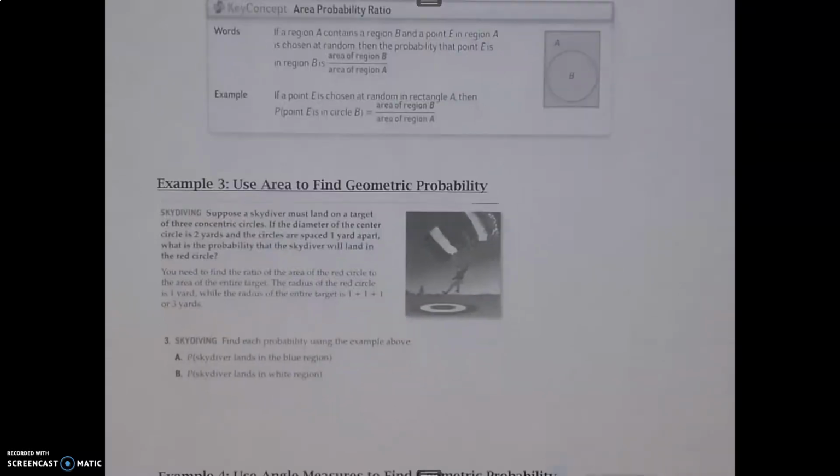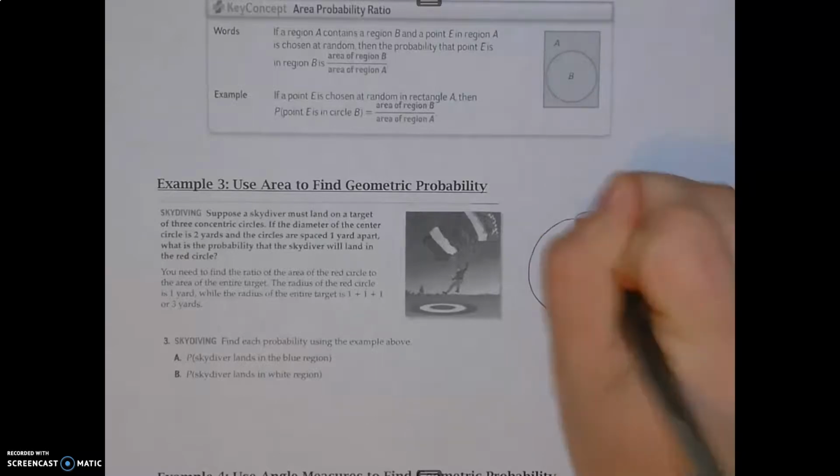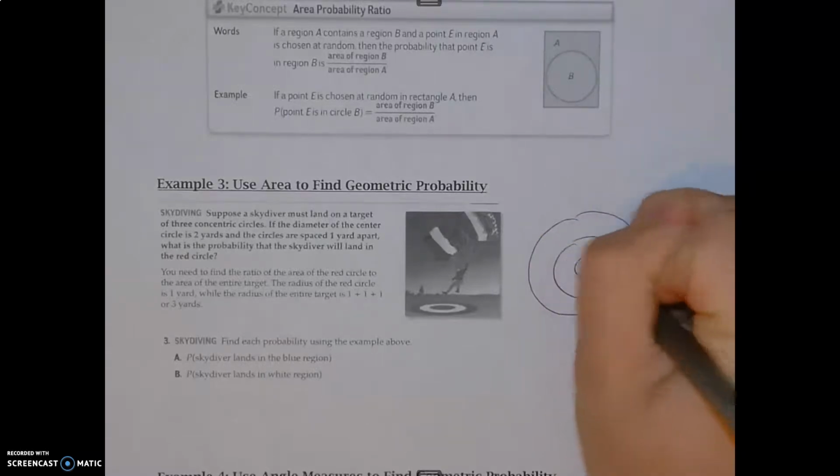So now we're going to go down to our example, and we have a skydiver landing on a target of 3 concentric circles. Remember, concentric circles are circles that share the same center point. So it says if the diameter of the center circle is 2 yards, so I'm actually going to come over to the side and draw it bigger so that we're able to see it.